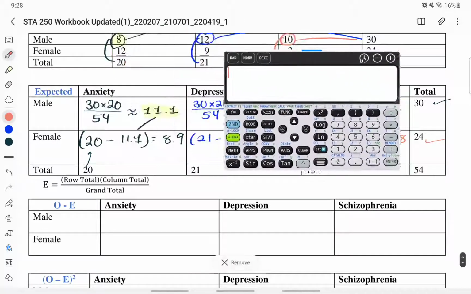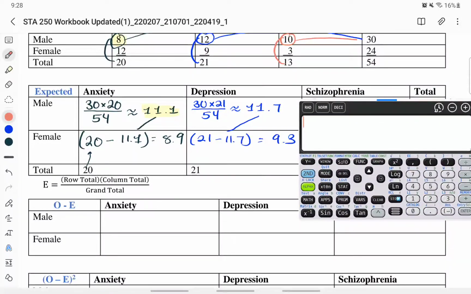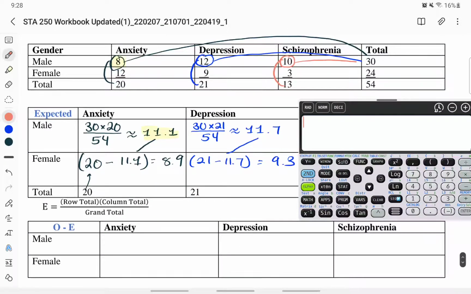Now, we're going to do the observed minus the expected once again. So for male and anxiety, the observed was 8 minus the expected, which is 11.1. When we subtract that, that's going to equal negative 3.1.